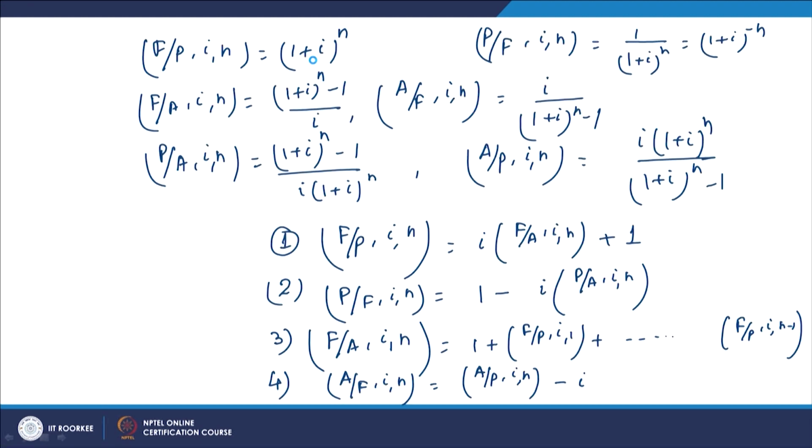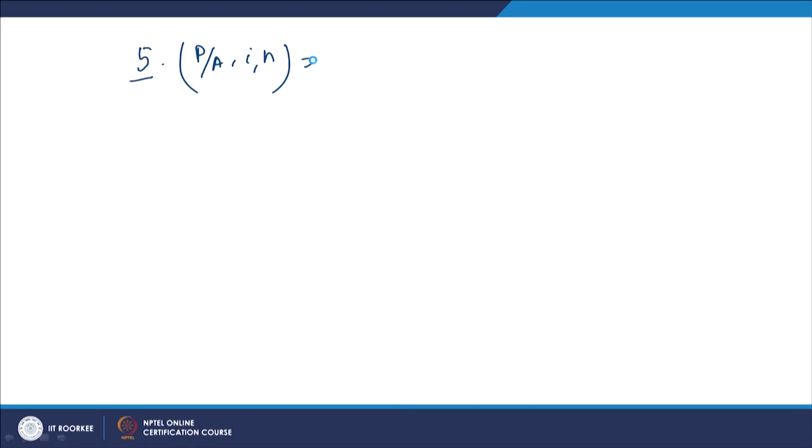We may see P/A at i, n. Now, if you try to see this in terms of P/F at i, n, you can write that it will be equal to P/F at i, 1 plus P/F at i, 2 plus up to P/F at i, n.